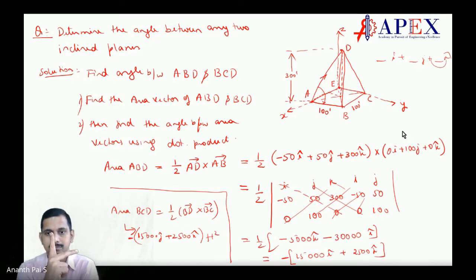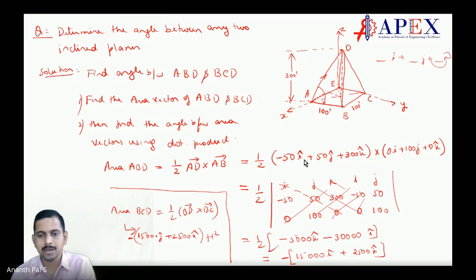When you take it a different way, these values AD, AB will remain the same whatever the coordinates, but it may so happen that I, J, K may change here and there. This may be 50J, 50I minus 50K, J plus 300K. It depends on the coordinates you take, but the end result will be the same.